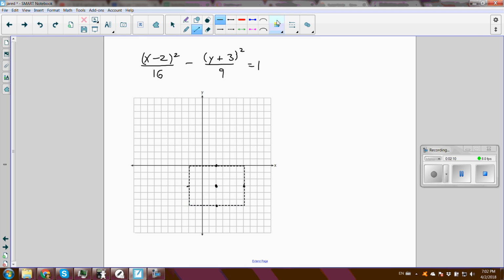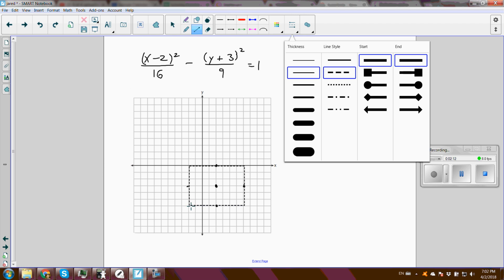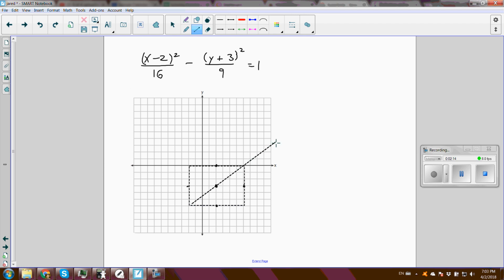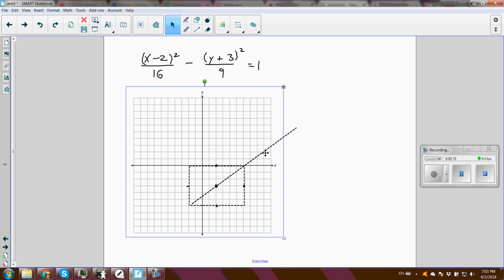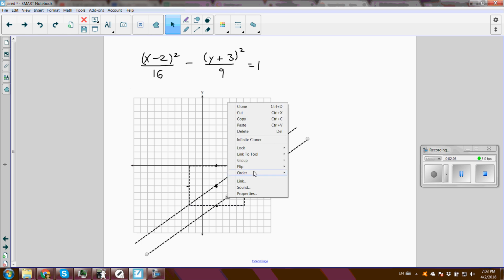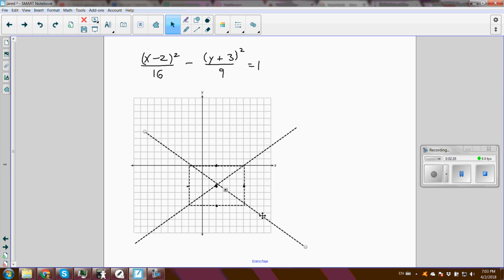The asymptotes are simply the diagonals of that imaginary rectangle. The rectangle, of course, is not part of the graph, and neither are its diagonals, but the asymptotes play a part in the graph. So you simply create that diagonal using your A and B values. A equals 4 and B equals 3.